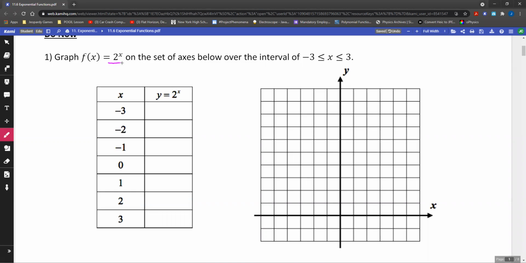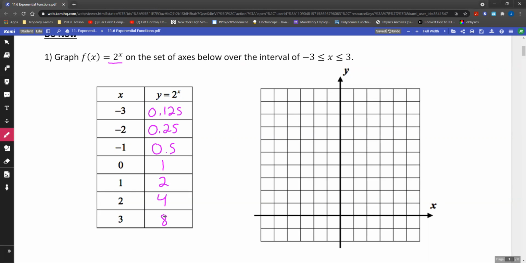So when you do 2 to the -3, you get 0.125. 2 to the -2, 0.25. 2 to the -1, 0.5. 2 to the 0 is 1, this one is 2, this is 4, and this is 8.